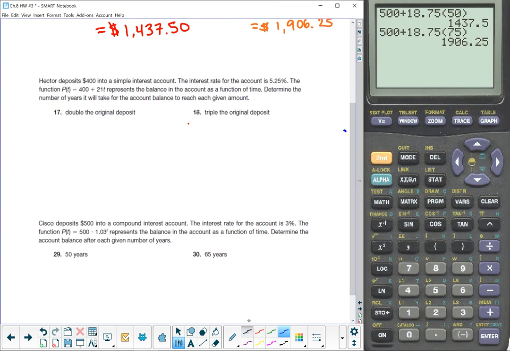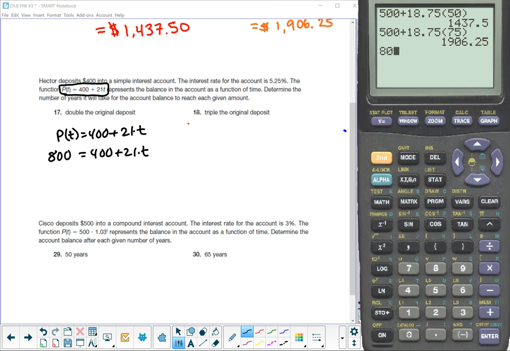Hector deposits $400 into a simple interest account. Let me go P of T. Oh, actually, they have it right here. I keep wanting to write it down, but basically they want to know when does it double, right? The original amount is 400. So I'll write this one down: P of T equals 400 plus 21T, right? And we want it to double, so instead of P of T, we're going to write down 800. To do that, we subtract 400.